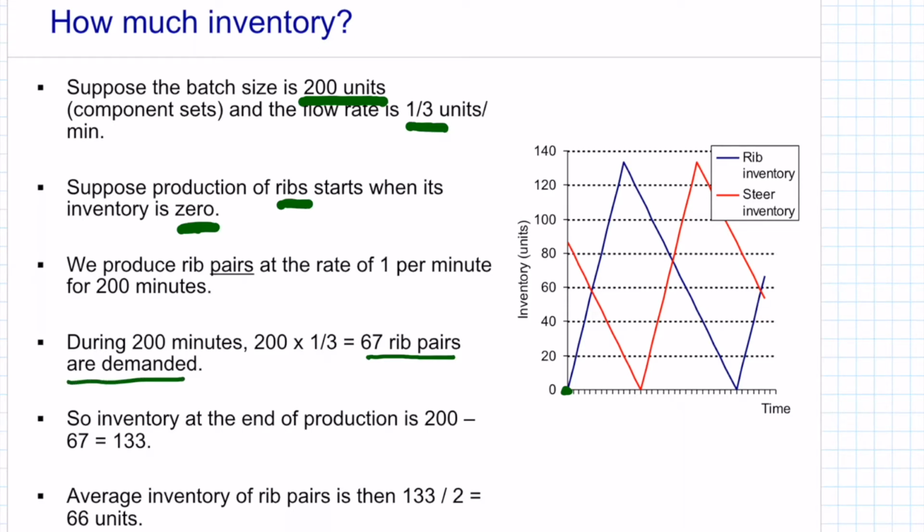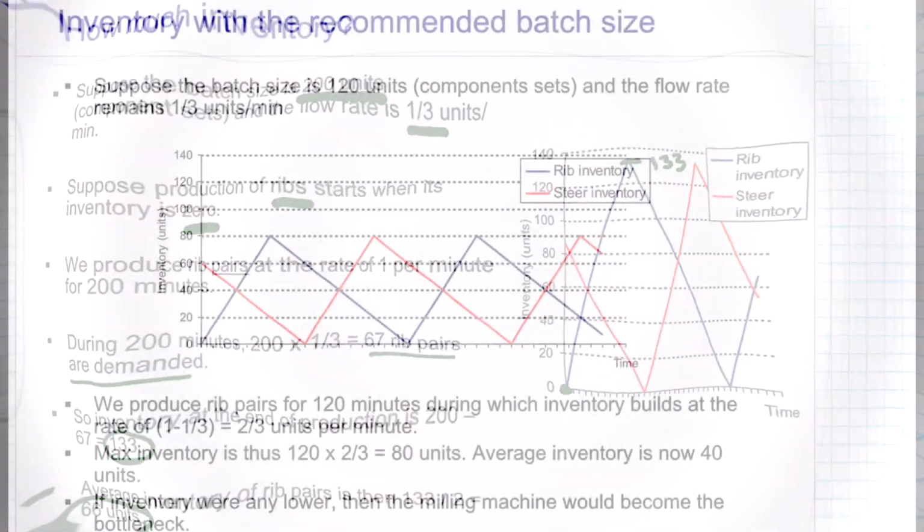So the inventory at the end of the production is 200 minus 67, which is 133. So 133 is the maximum inventory level for ribs that will be reached. If you divide 133 by 2, we get about 66 units as average inventory.